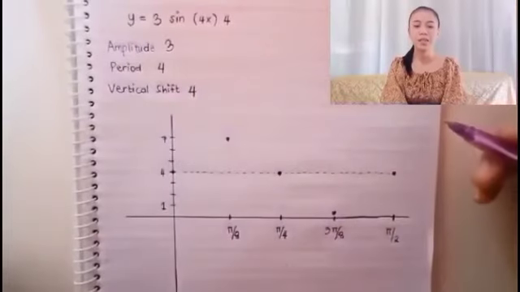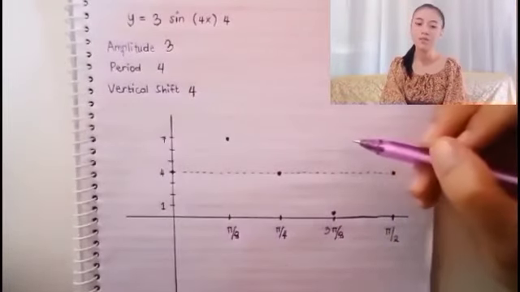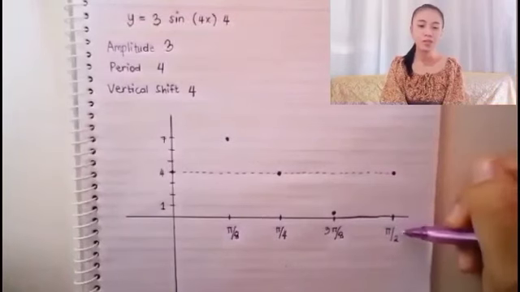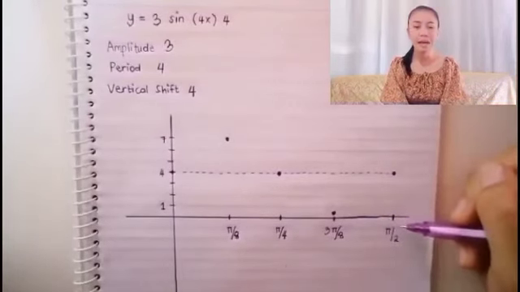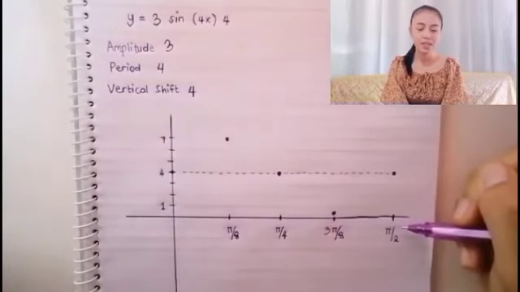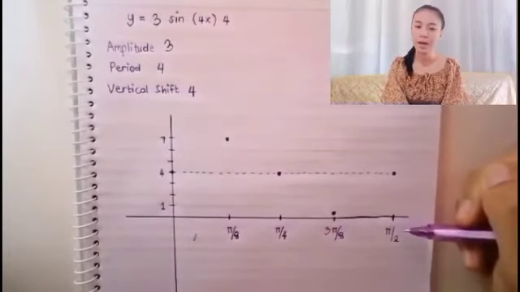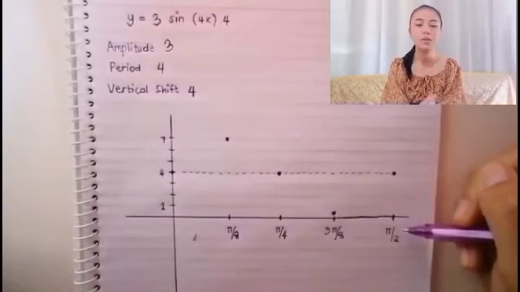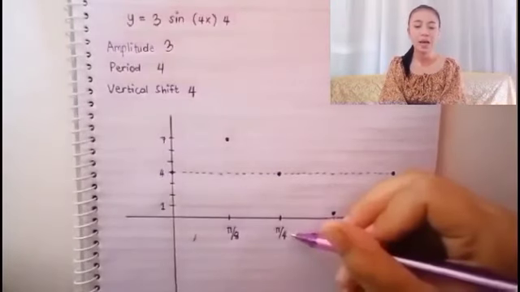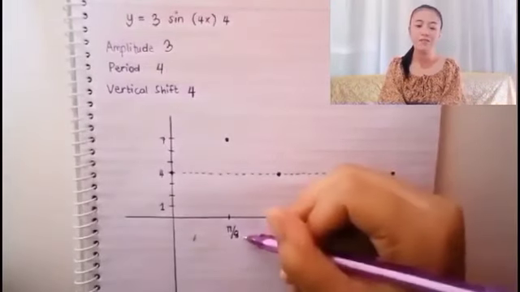The period is P equals 2 pi over 4, which is pi over 2. So we're going to start here. Now, let's plot the period. So let's say it's pi over 2 here. All we need is 4 points. So, half of that is pi over 4, and half of that is pi over 8.